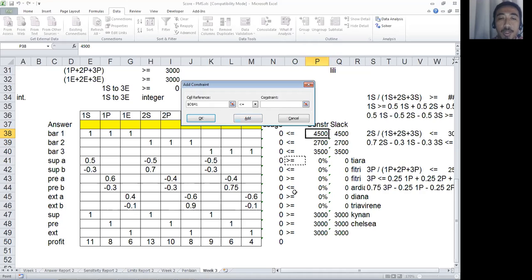Okay, we add more constraint. This one, because they have different sign, we put it one by one, more than or equal this one. We add another constraint. This one is less than or equal this one. Add another constraint. This one more than or equal this one.